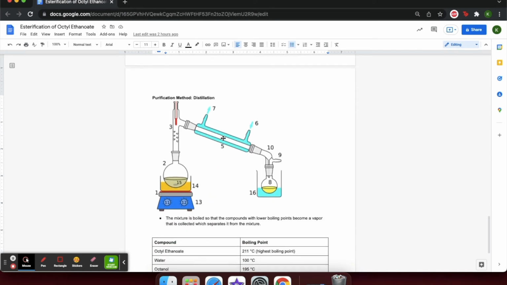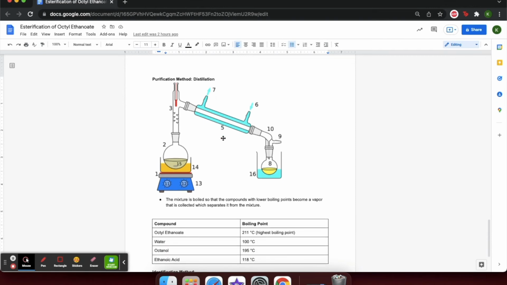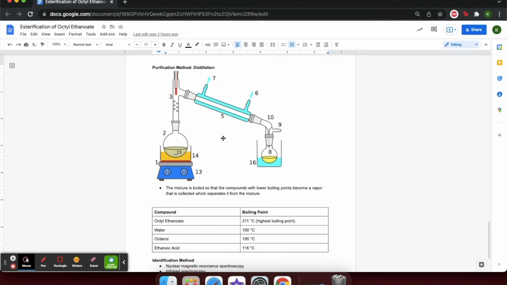Next, we must purify the ester. And that is done because there are going to be some unreacted reactants still left in the mixture. So the mixture will be boiled, and the compounds with the lower boiling points will become a vapor and condense through this little pipe.